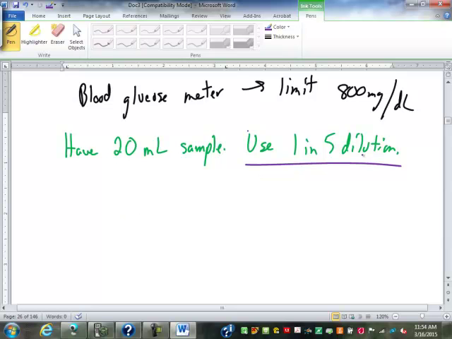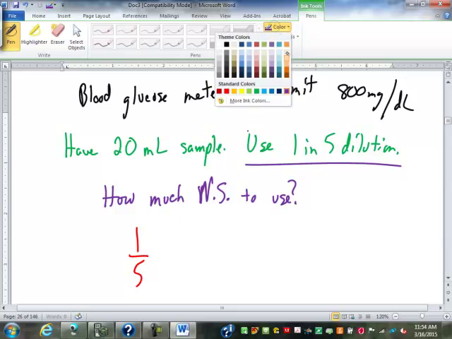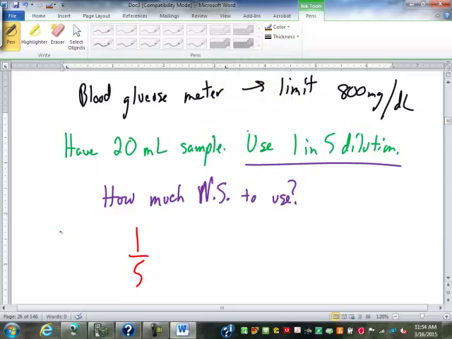So the first thing we need to do is figure out how much sterile water or neutral saline we need to add to the 20 milliliters of blood. Well, we have the 1 in 5 dilution, but remember the 1 there stands for the serum, in this case the blood.